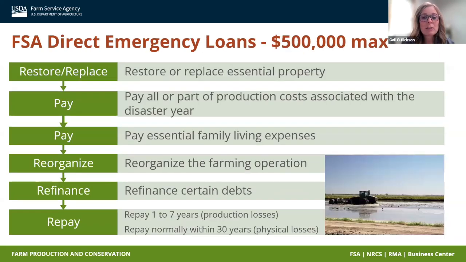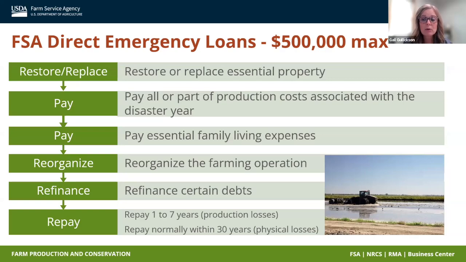Okay, so emergency loans. When a tornado, flood, or drought strikes, or even a quarantine is imposed by the Secretary of Ag, or when other natural disasters occur, FSA's emergency loan program is there to help eligible farmers and ranchers rebuild and recover from that sustained loss. The emergency loan program is triggered when a natural disaster is designated by the Secretary of Agriculture or a natural disaster or emergency is declared by the president.